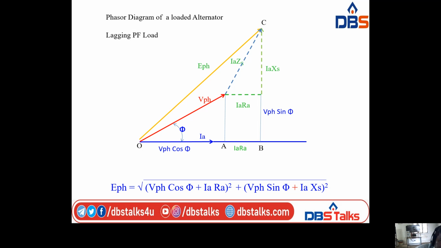And these two are equal. The IAXS drop, there is the lagging power factor. There is the IAZS. Now the combination of (V phase cos phi plus IARA) square and (V phase sin phi plus IAXS) square. Whereas in unity power factor, cos phi is 1 and sin phi is 0, which means these two terms are eliminated. So, (V phase plus IARA) square plus (V phase sin phi plus IAXS) square.